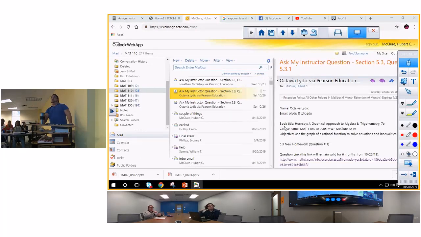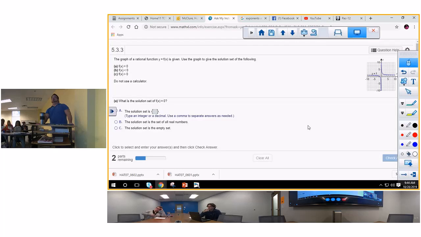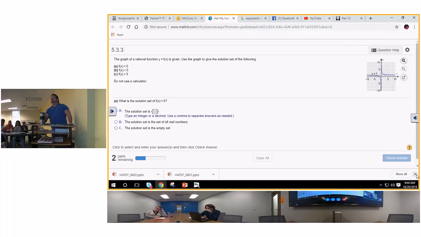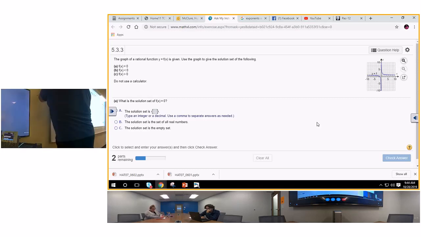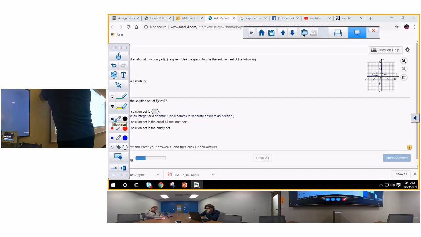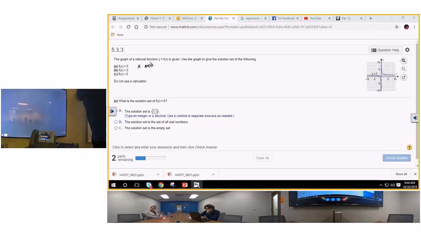That is number 1. Number 2, same thing. Write it in redneck terms, and let's talk about it. So let's write it in redneck terms. So that means y is equal to 0. That means what's happening at the what? X-axis. This means what's happening below the what? Below the x-axis.